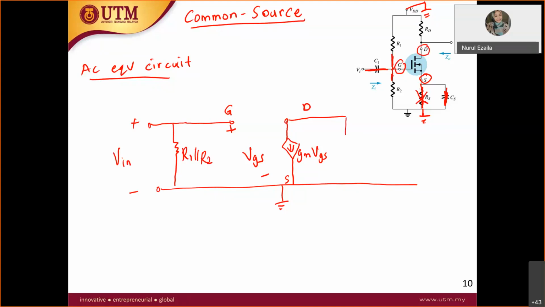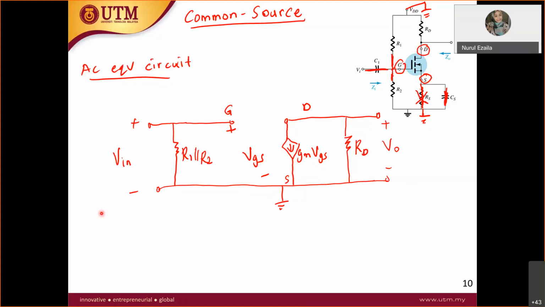RD over there. So RD to the ground. And what else? Nothing else. You only have the V out over here. So if you have RL, then you have to put RL and so on. Okay, so look at the Z in and Z out.